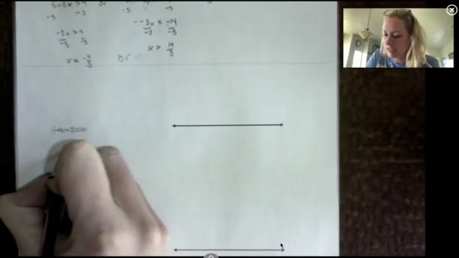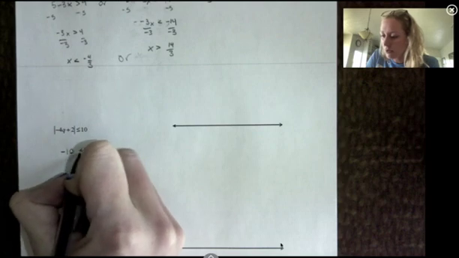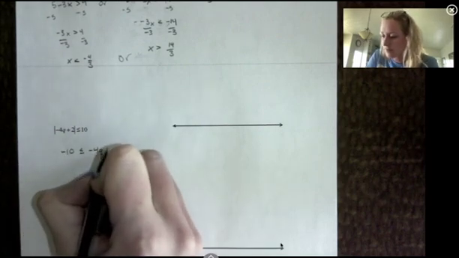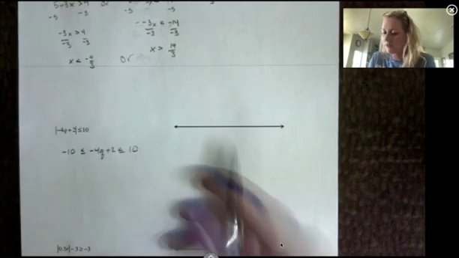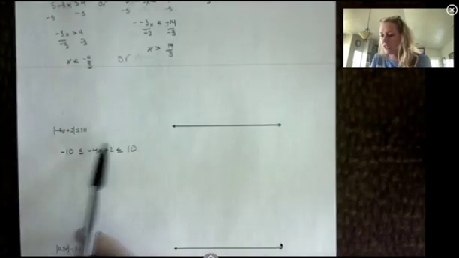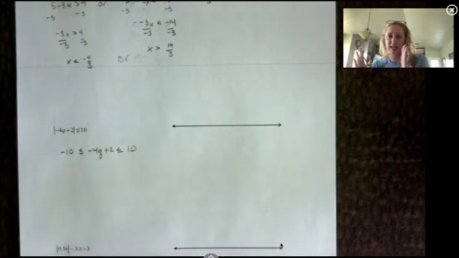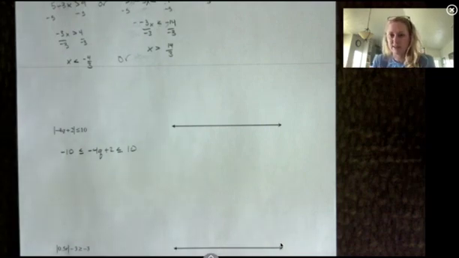I keep the symbol the same, then the expression, and then the positive. So this expression is between negative 10 and positive 10, making it that "and" piece.